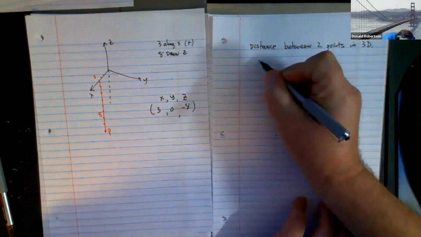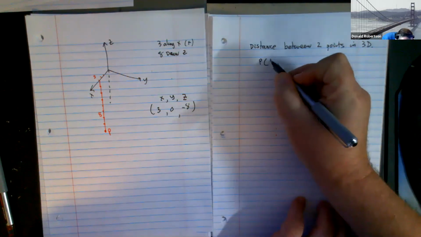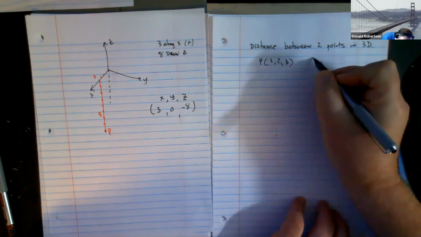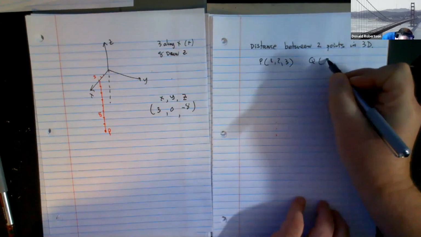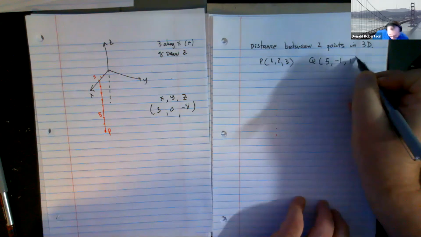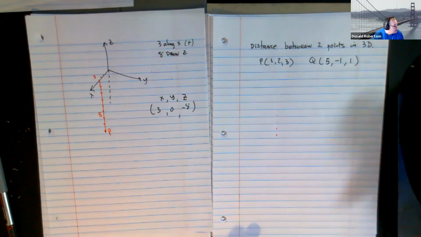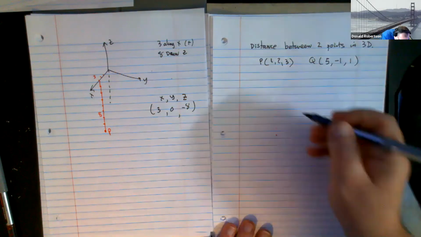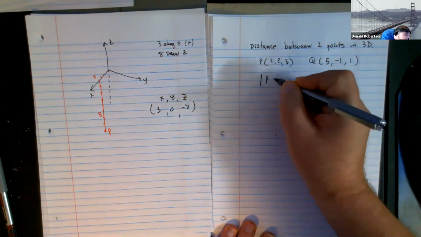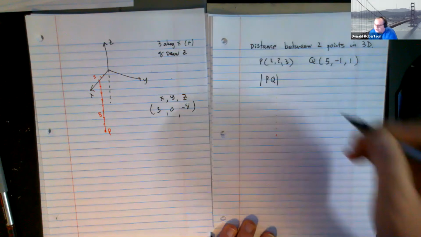So let P have the coordinates (1, 2, 3), and let Q have coordinates (5, -1, 1). And I would like to know the distance from P to Q. And the notation that they're going to use looks like an absolute value symbol, right?